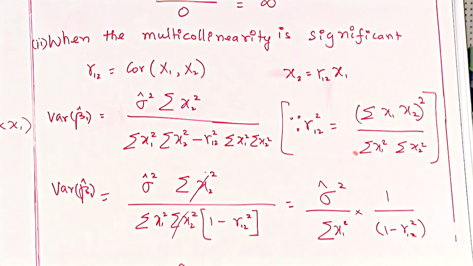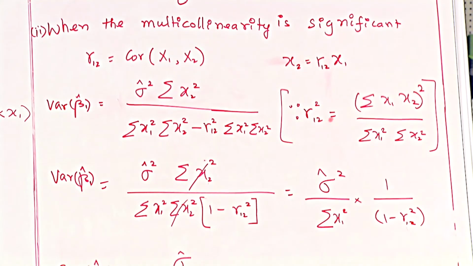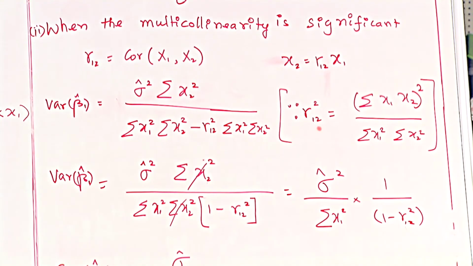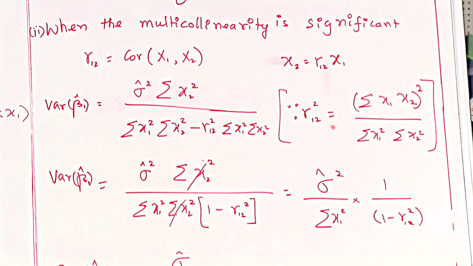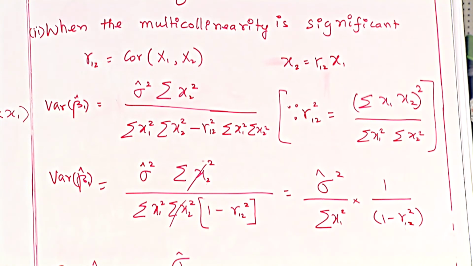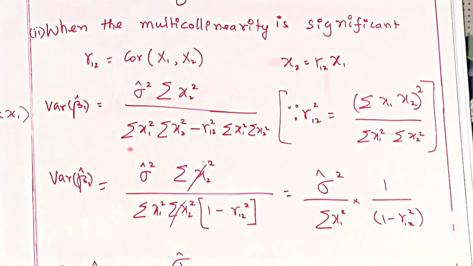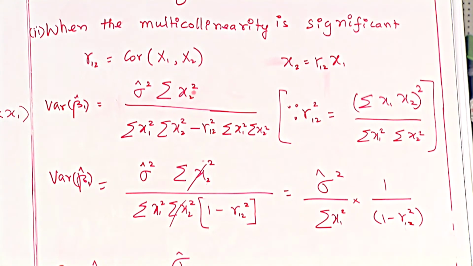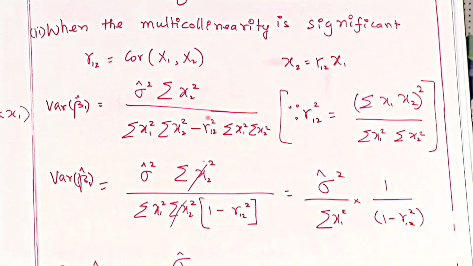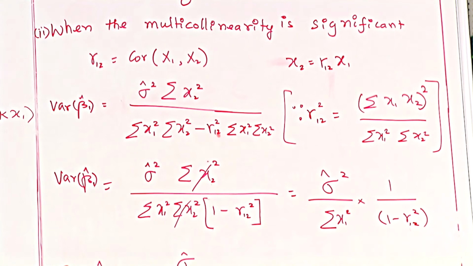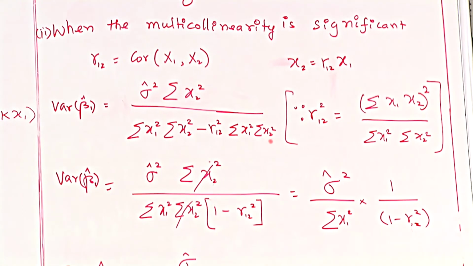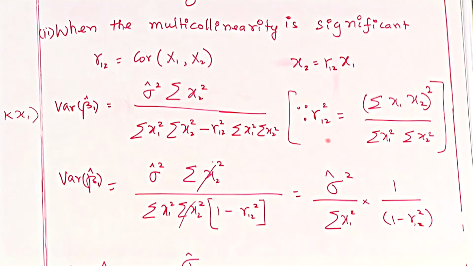We can use this equation and substitute R12 square times sigma x1 square sigma x2 square for the term (sigma x1 x2) the whole square in the estimator of the variance of beta 1 hat. If you substitute, you get sigma hat square sigma x2 square in the numerator, and in the denominator sigma x1 square sigma x2 square minus R12 square sigma x1 square sigma x2 square.